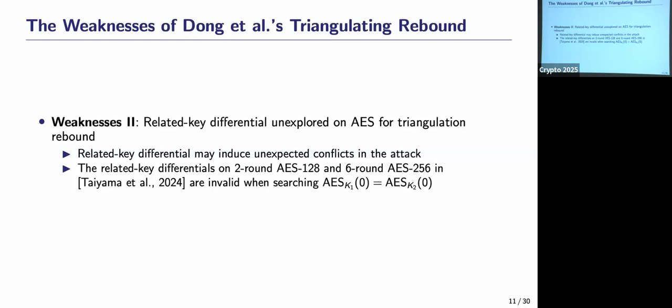We find that the related key differentials on 2-round AES-128 and 6-round AES-256 used by Taiyama et al. are invalid when searching for K collisions with plaintext P equal to 0.